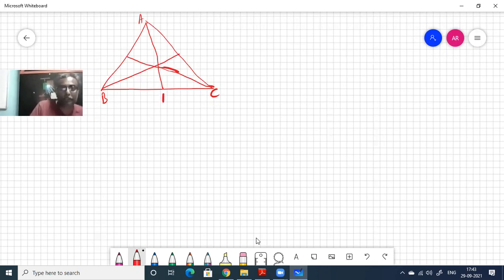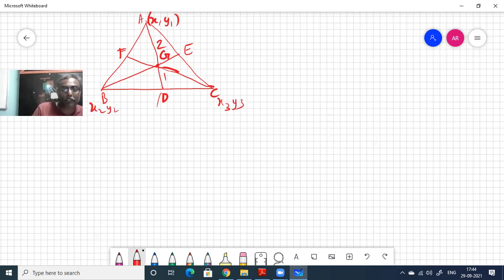This is AD, this is B, this is here. This is the centroid. Okay, now this always divides in the ratio of 2:1. Now what you have to do, you have to get first point D. Okay, suppose this is X1, Y1, this is X2, Y2, and this is X3, Y3.